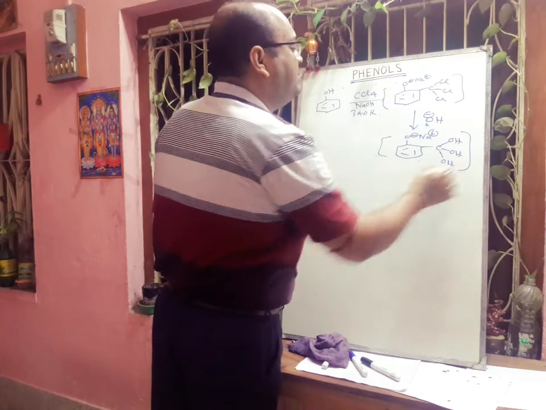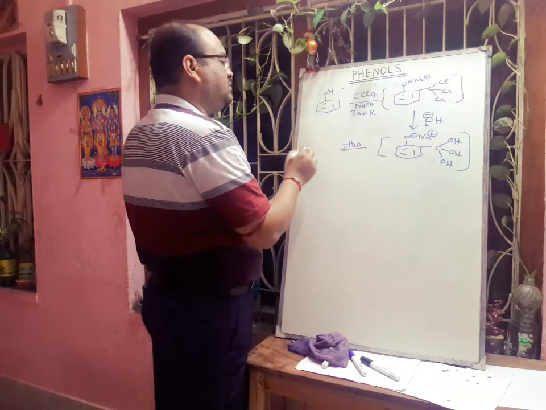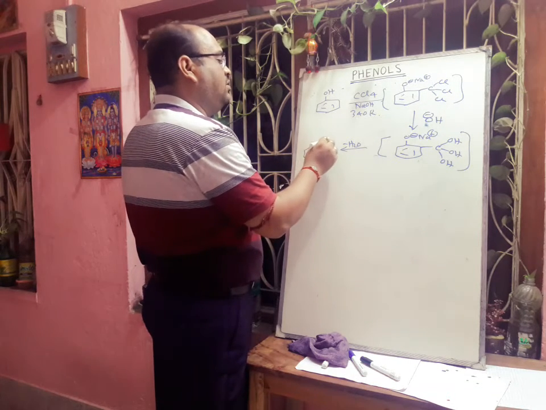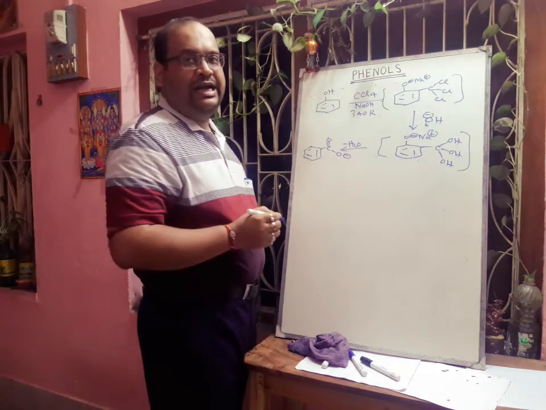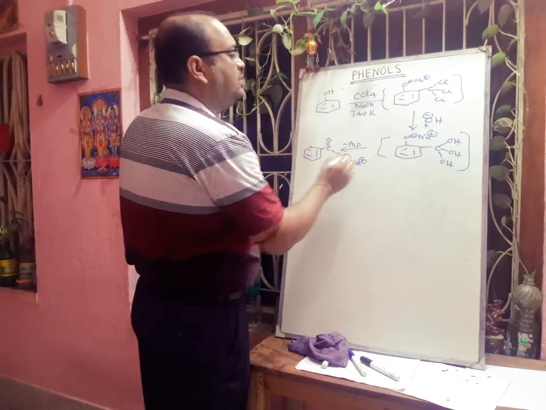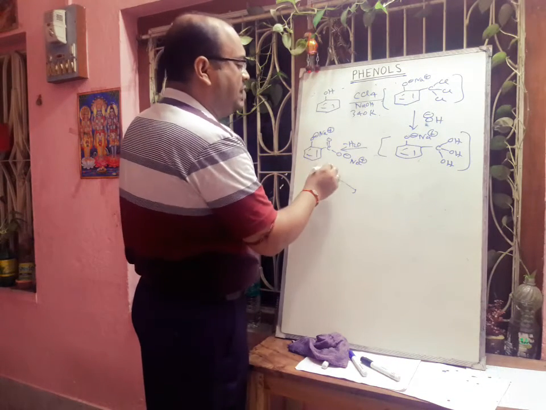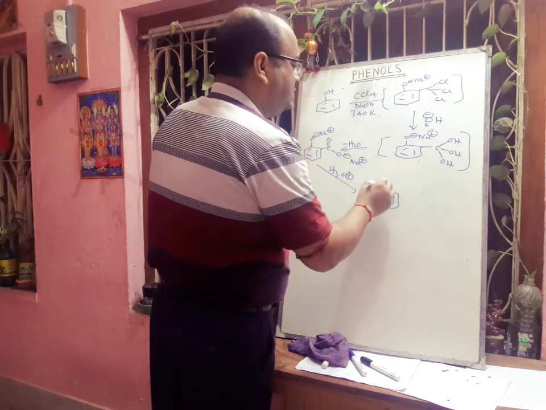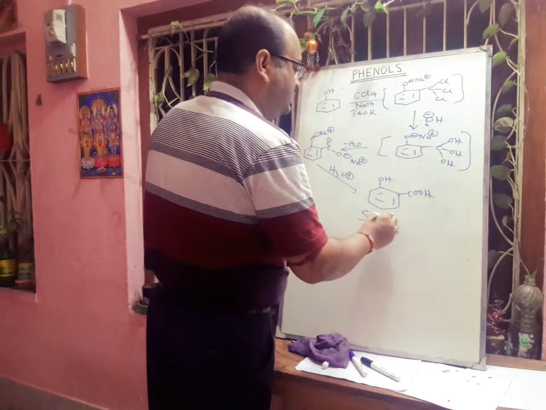We know that it is very unstable and there will be elimination of water, and finally we will get C double bond O, O minus Na plus. And in the final step, if we do the acidic workup, then we will get salicylic acid. This is salicylic acid.